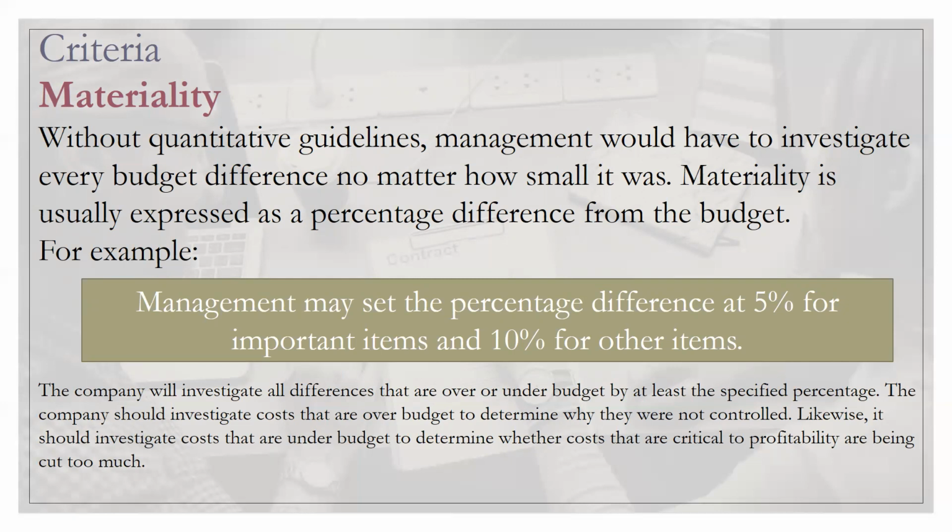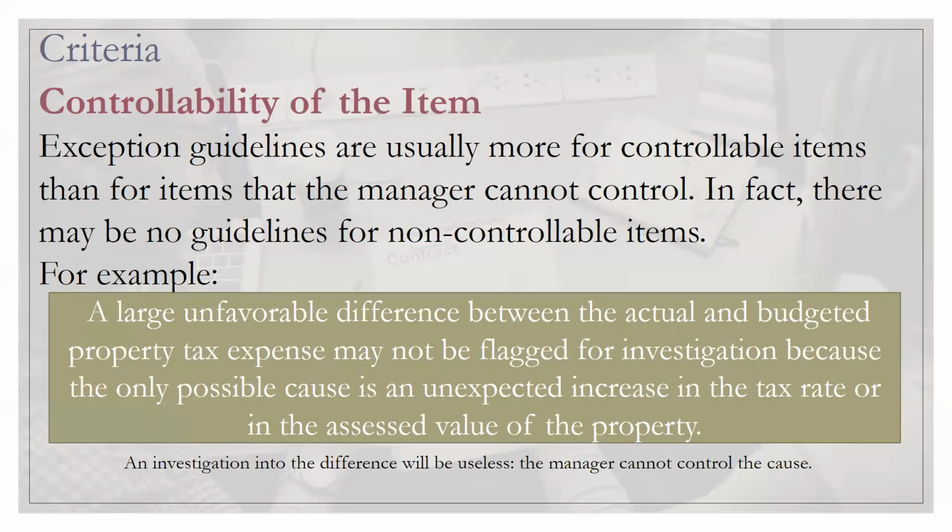Another criteria is the controllability of the item. So exception guidelines are usually more for controllable items than for items that the manager cannot control. In fact, there are maybe no guidelines for non-controllable items.